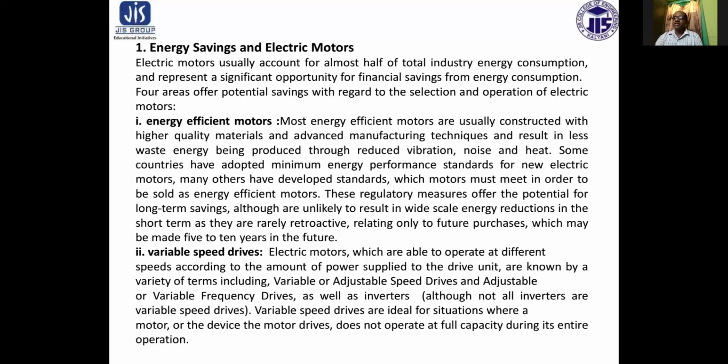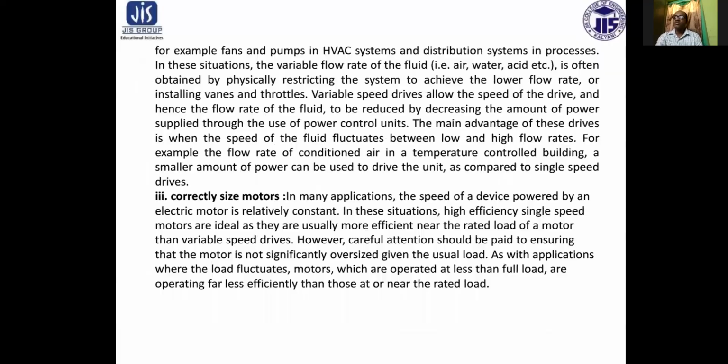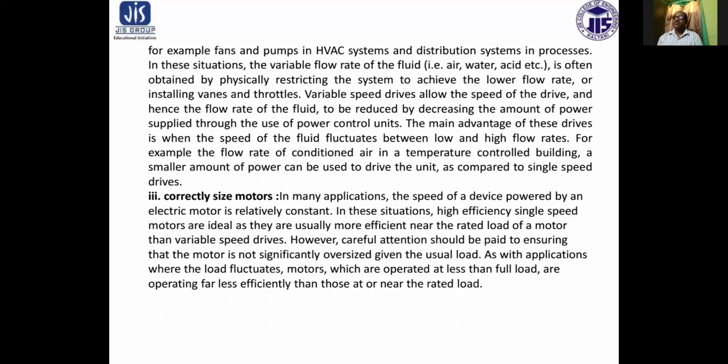Variable speed drives allow the speed of the drive, and hence the flow rate of the fluid, to be reduced by decreasing the amount of power supplied through the use of power control units.